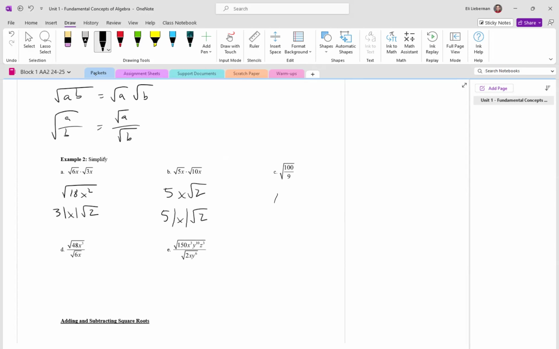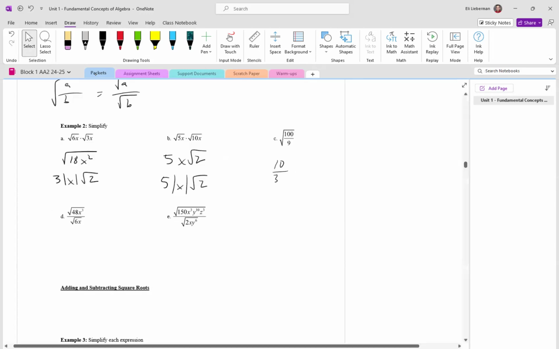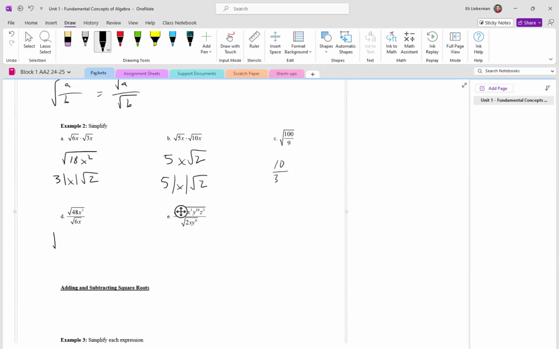D, what's a good first step? Yeah, let's just put that over everything and simplify that radical. Simplify the fractions. We know that 6 goes into 8. And then x cubed divided by x is x squared. And then this simplifies to 2x root 2.